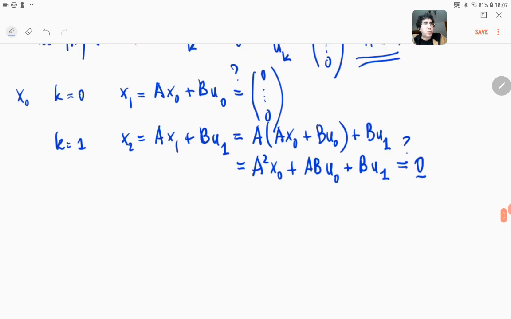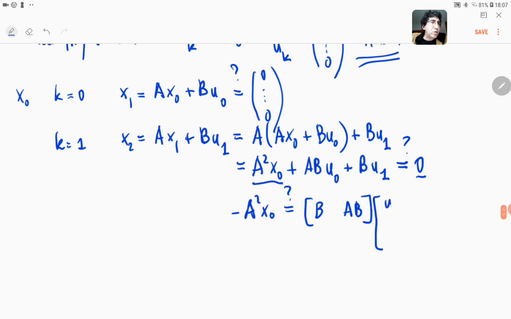This same question can be written as a matrix equation, because you can take this to the other side of the equation: minus A squared x0 can be made equal to, now I will put this as a matrix, [B AB] times [u1 u0].